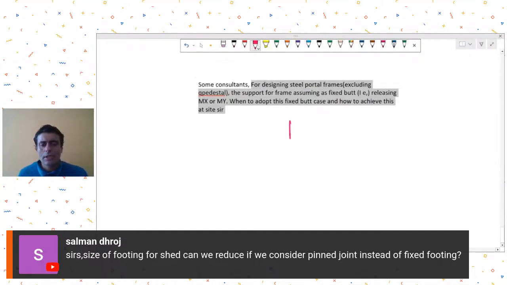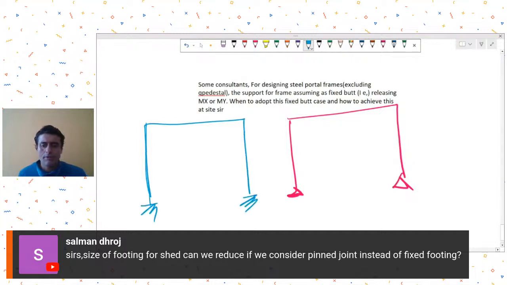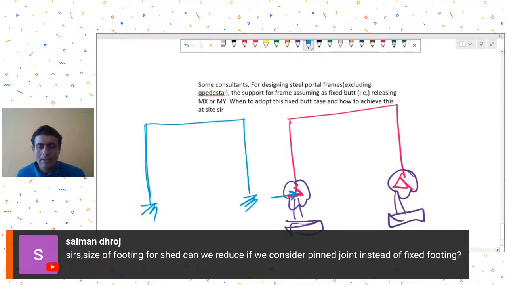frame. Generally, somewhere you see people provide pin supports, and in some portals you see people providing fixed supports. So how to decide where to provide fixed and where to provide pin? Basically, when you provide pin, only translation forces flow to the footings.